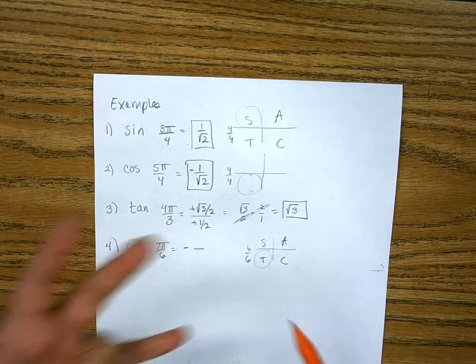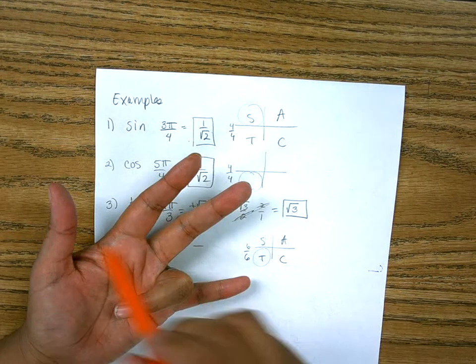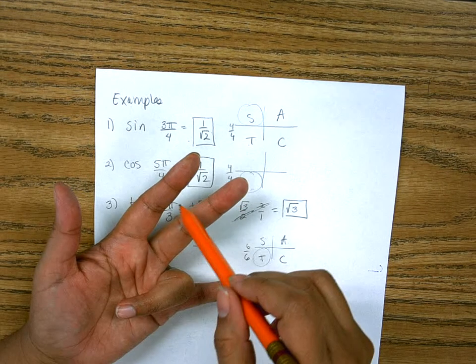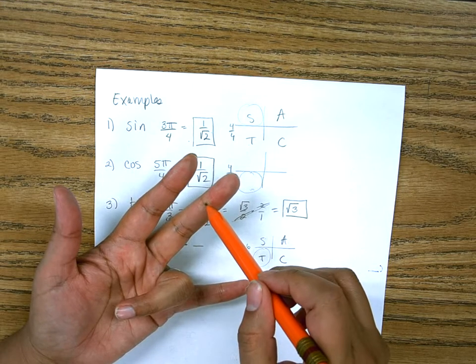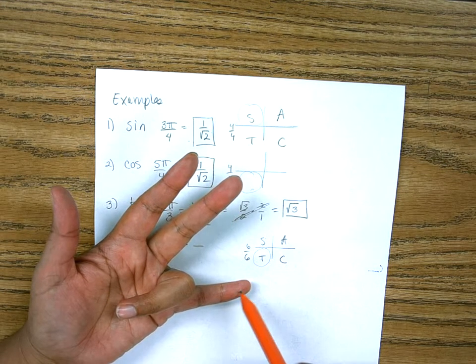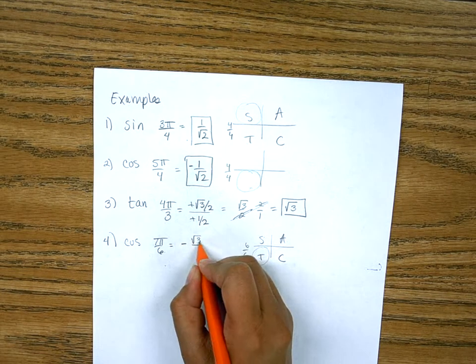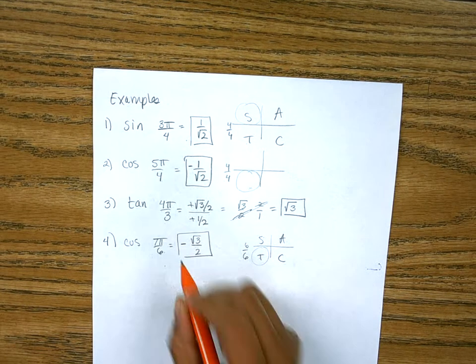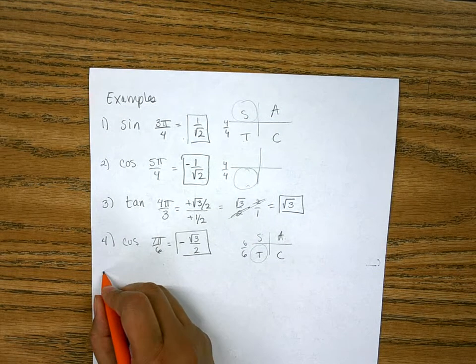So when I put this finger down, they are asking me for cosine, and this is the cosine, this is the sine, so it's going to be root 3 over 2. Not 1/2, because that's the sine. Root 3 over 2. And it's negative because of the quadrant it is in.